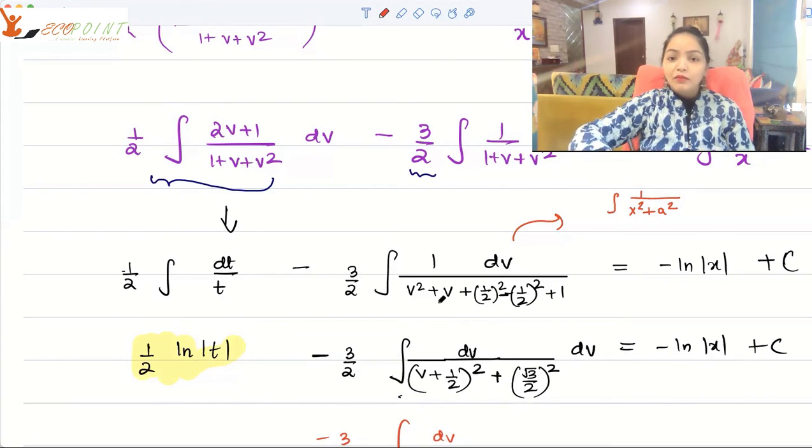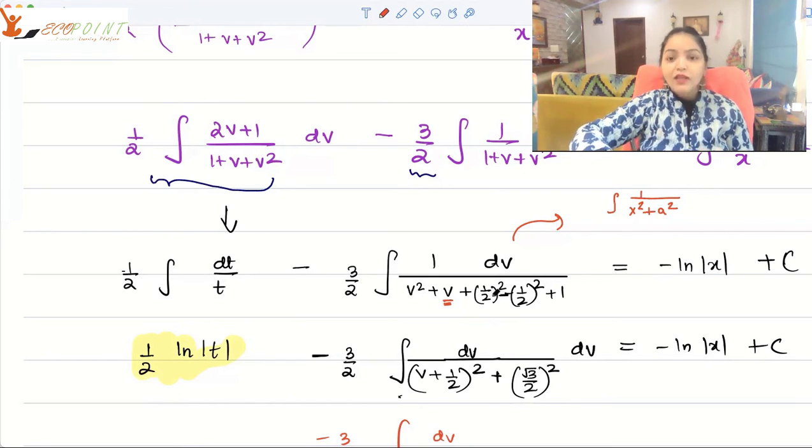Since you have v square plus v, you can make a whole square with half, right? Because 2ab is giving you v. You already have v square, so 2a has to be v, that thing has to be half.